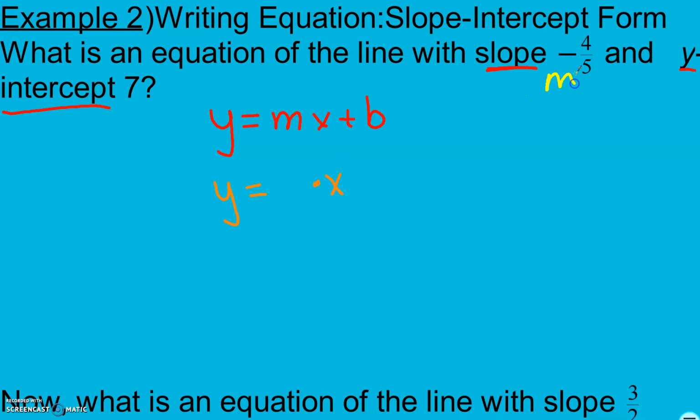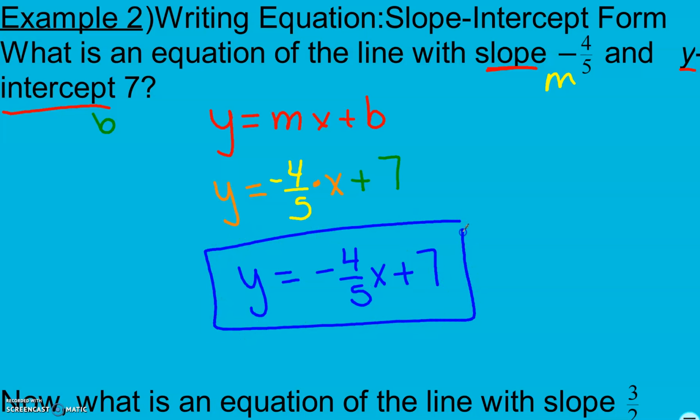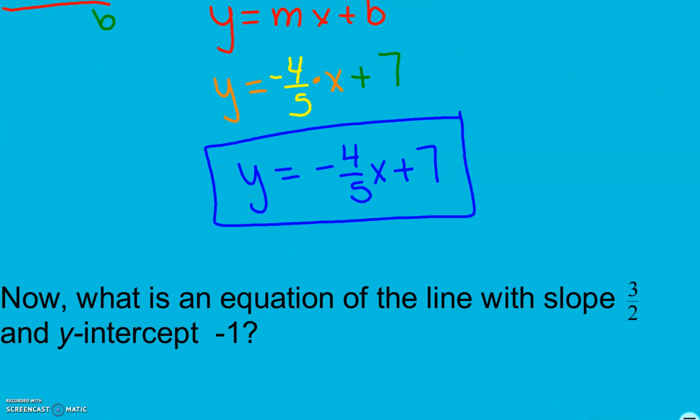M is my slope, which here is -4/5, and b is my y-intercept, which here is a +7. So my equation is y equals -4/5 times x plus 7. Slope-intercept form. It's the equation of the line with slope -4/5, y-intercept 7.